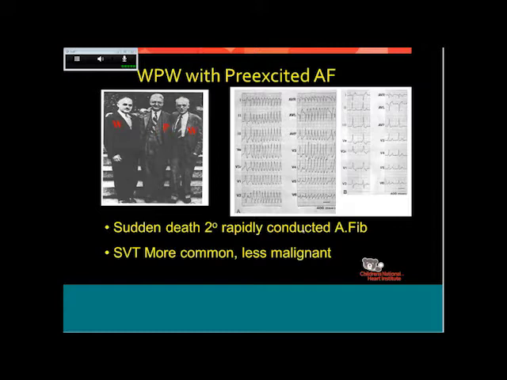So if you have an accessory pathway, such as WPW, and then get AFib, that can conduct very rapidly as compared to those patients who have AFib without an accessory pathway, and they have the AV node to protect them to limit the ventricular rate. But if you have an accessory pathway, the ventricular rate can be very fast, and that's why children with WPW are at risk for sudden cardiac death.